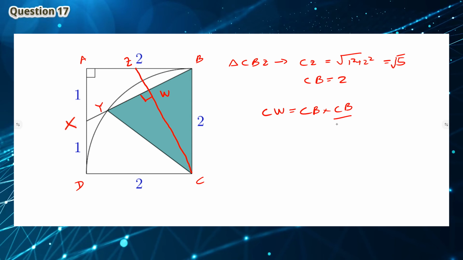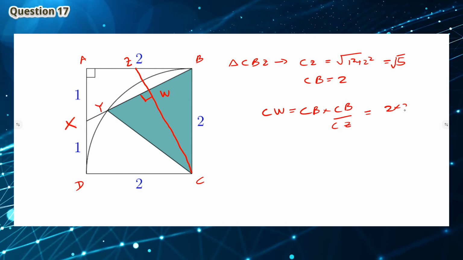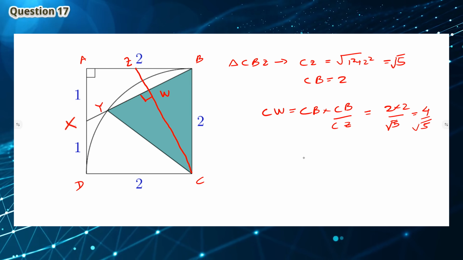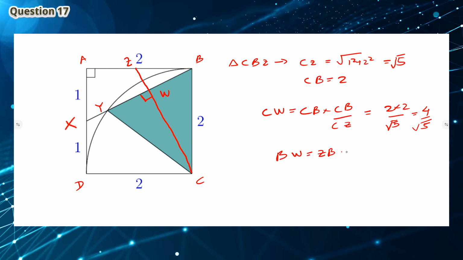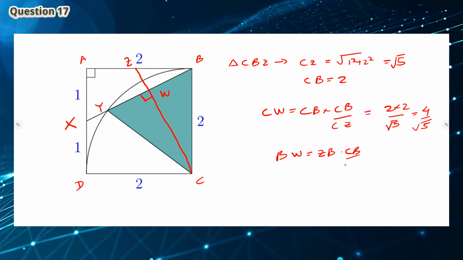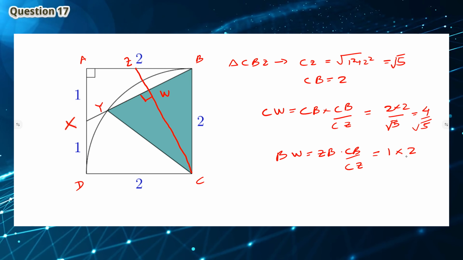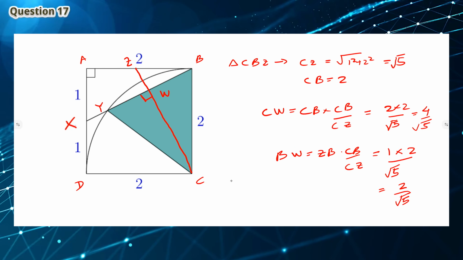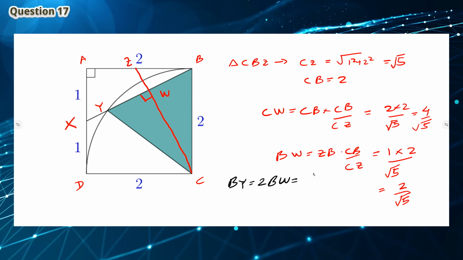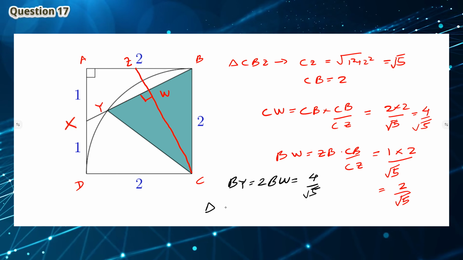So CB on CZ gives a ratio of 4 on root 5, and BW is equal to ZB. And CB on CZ is equal to 2 on root 5. This means that BY is equal to 2BW, which is equal to 4 on root 5.